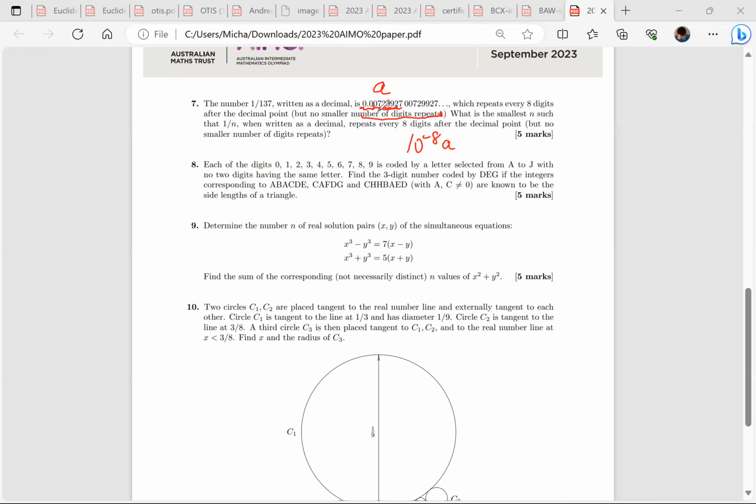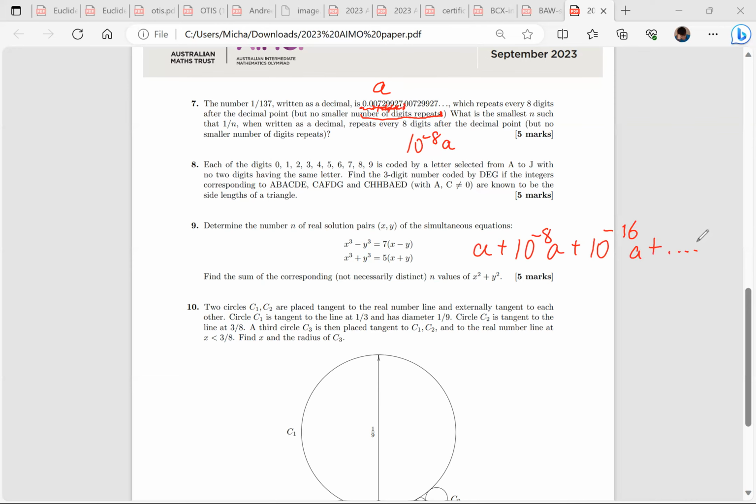So 1, 2, 3, 4, 5, 6, 7, 8 goes here, so it is 10 to the minus 8 times A. So can you see that this whole number is actually A plus 10 to the minus 8 times A plus 10 to the minus 16 times A plus, and so on forever, right?